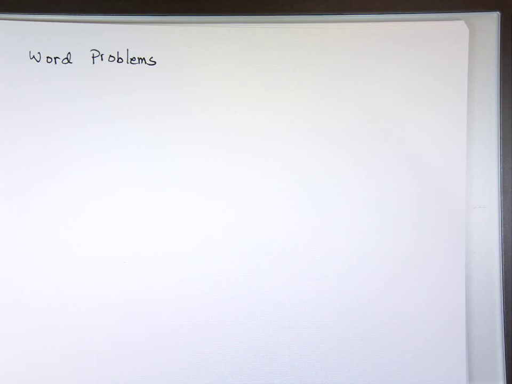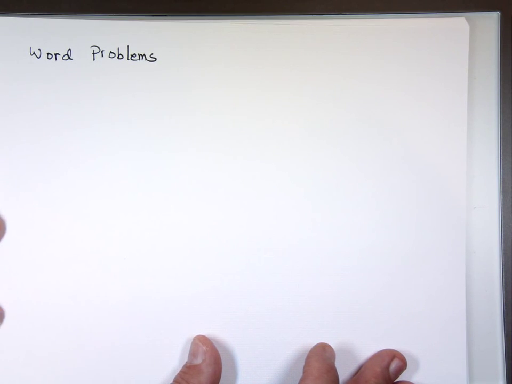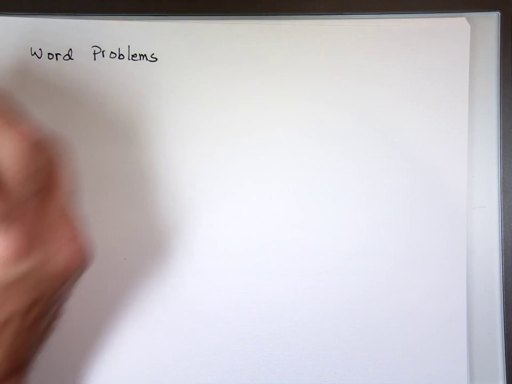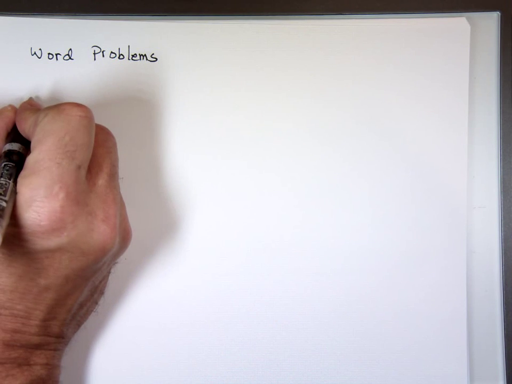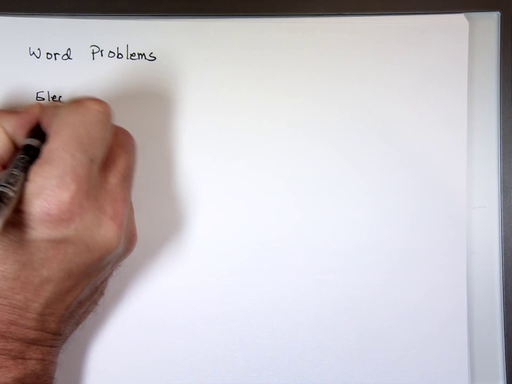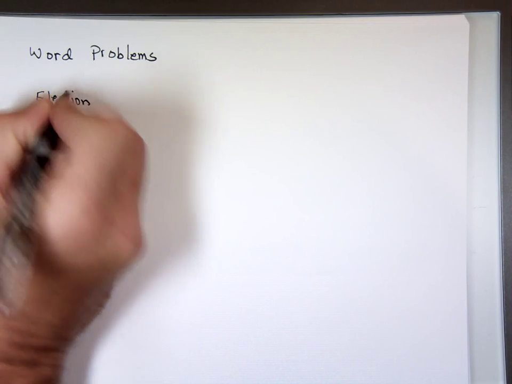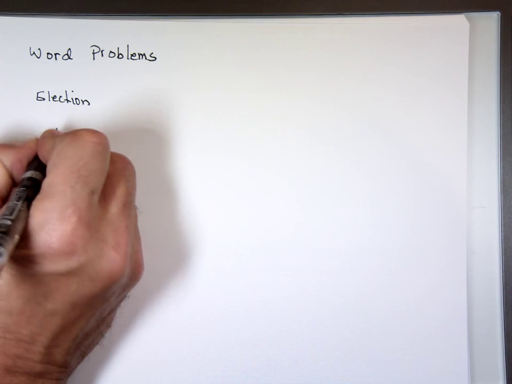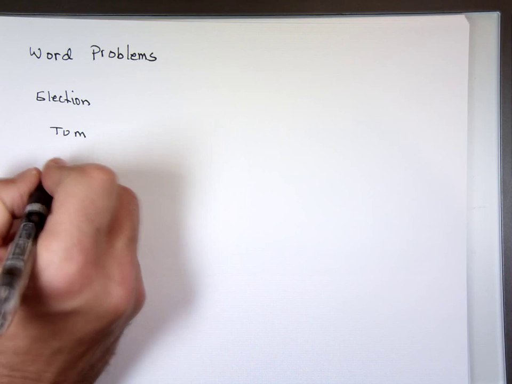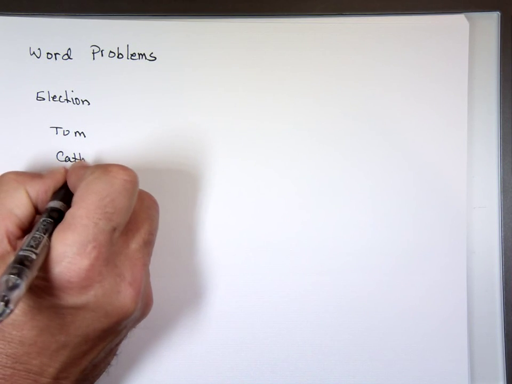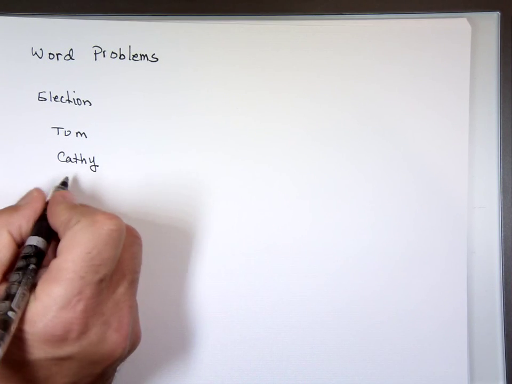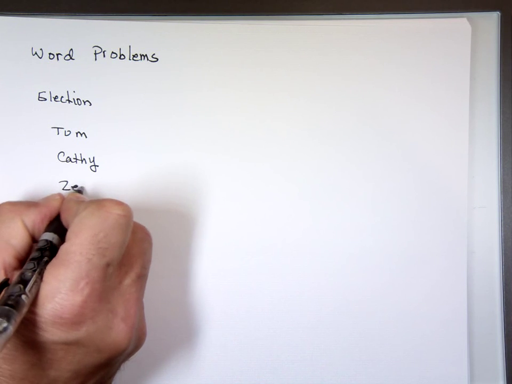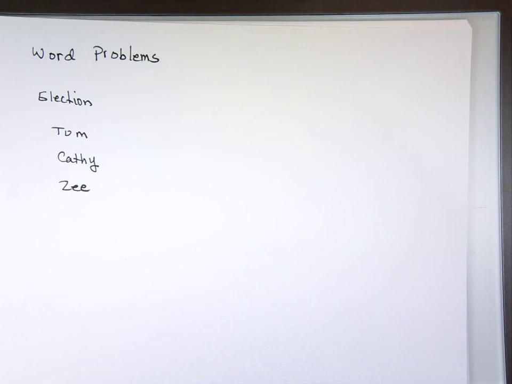So let's take some examples, see if we can change these into actual expressions. Here's an example. We have an election coming up. We have 3 candidates. We'll call them Tom, Kathy with the C, and Z. Tom happens to be the winner.